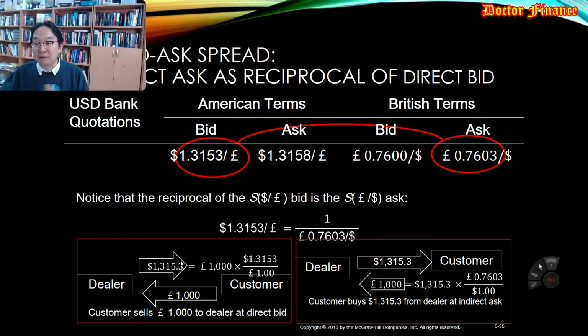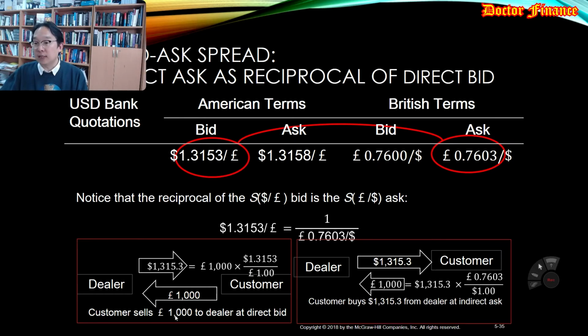So that's the relation that you find. As a customer, you bring 1,000 British pounds and apply this bid price of the British pound to the US dollars amount. And then this is 15.3 US dollars that you will get, okay?